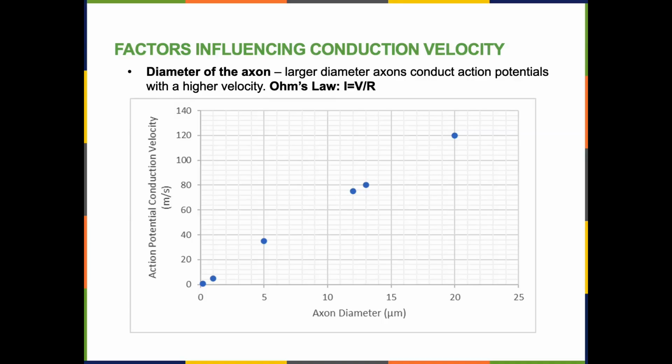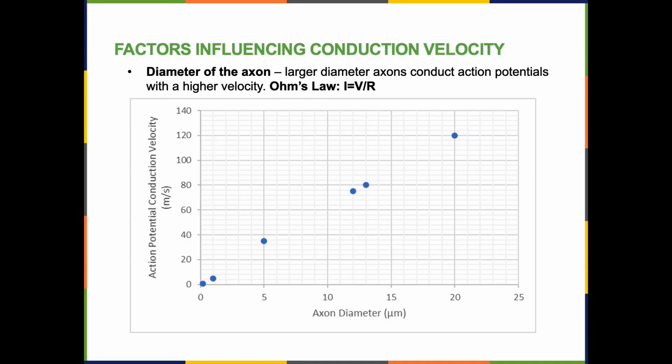You can see here that larger diameter axons conduct action potentials with a higher velocity. And this relationship can be described with Ohm's law. Ohm's law is that the electric current, represented with the symbol I, equals the voltage divided by the electrical resistance.